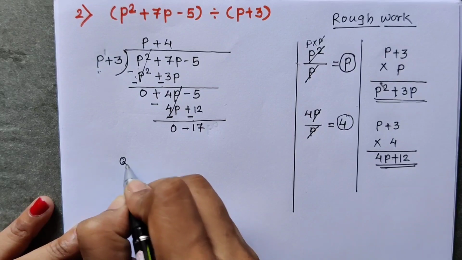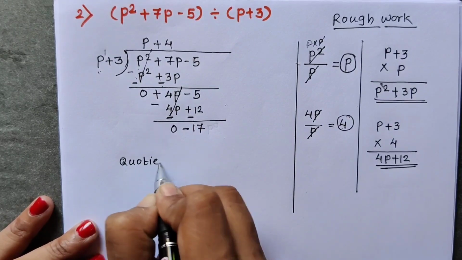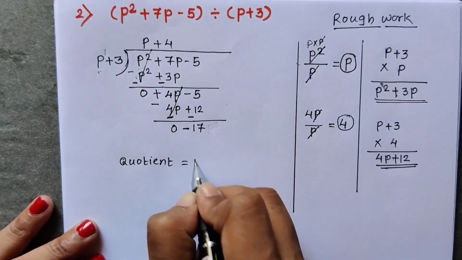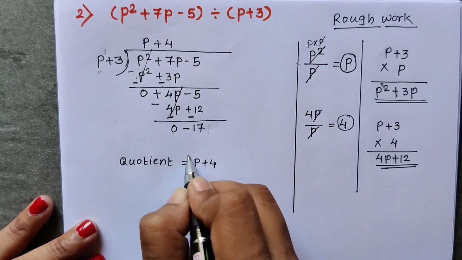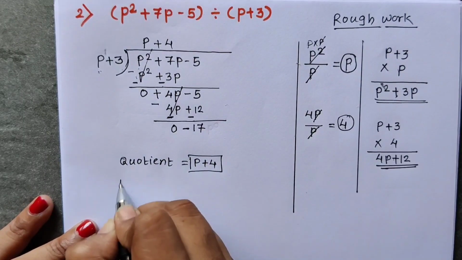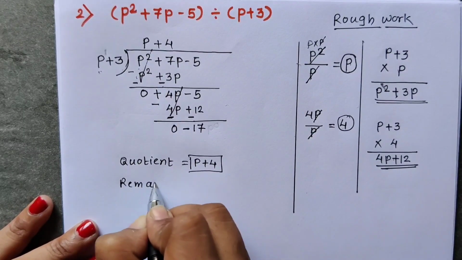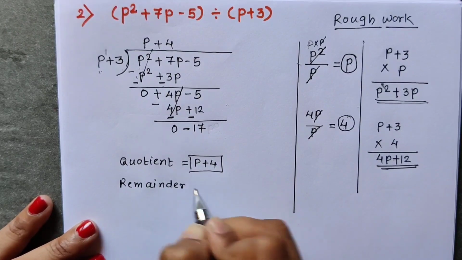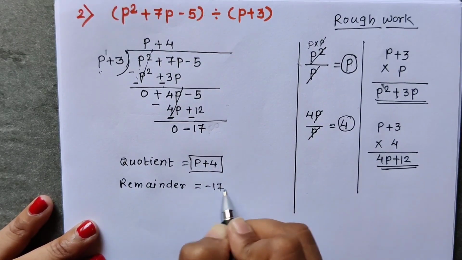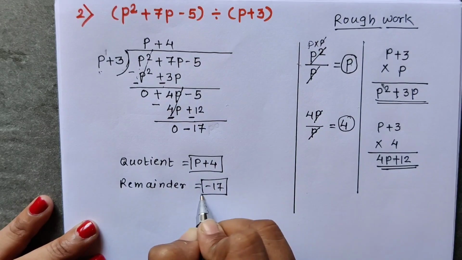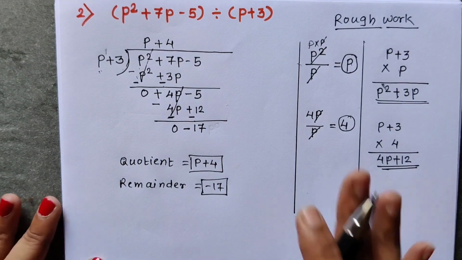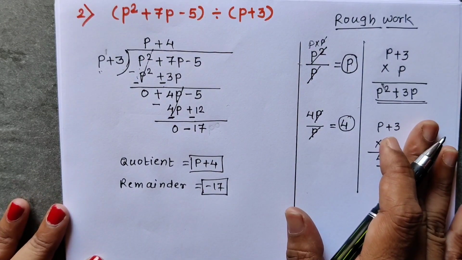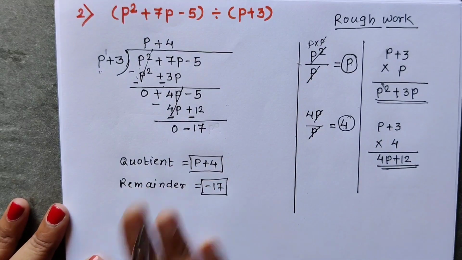So write the quotient and remainder. Quotient is equal to p plus 4 and remainder is minus 17. In this way we have to solve the rough work simultaneously with the main method.